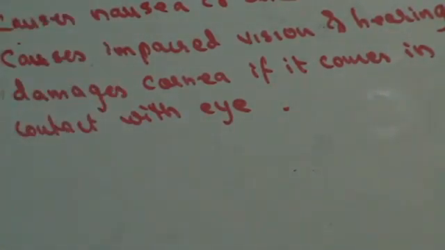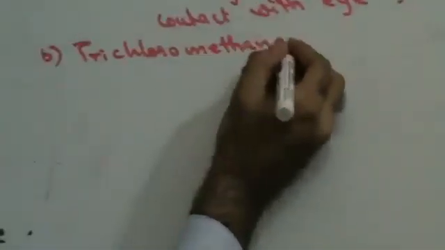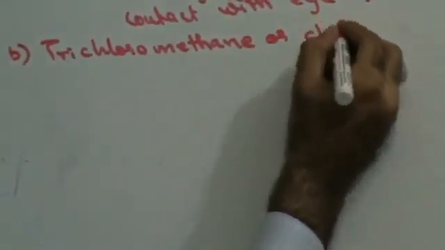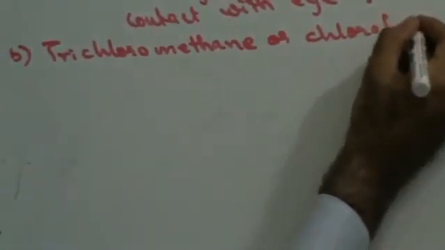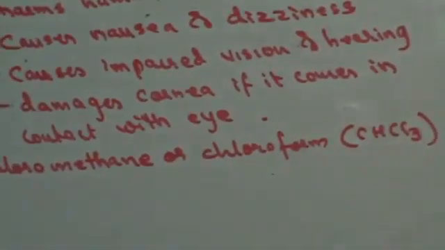Trichloromethane is also called chloroform, which is CHCl3. Now, where do I use that?